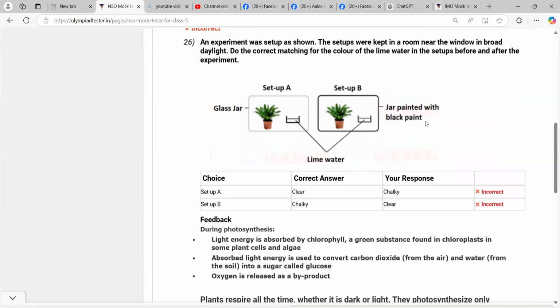This is the jar painted with the black paint. This is setup B. And this is setup A without any paint. So we need to find out the color of the lime water in the setups before and after the experiment.